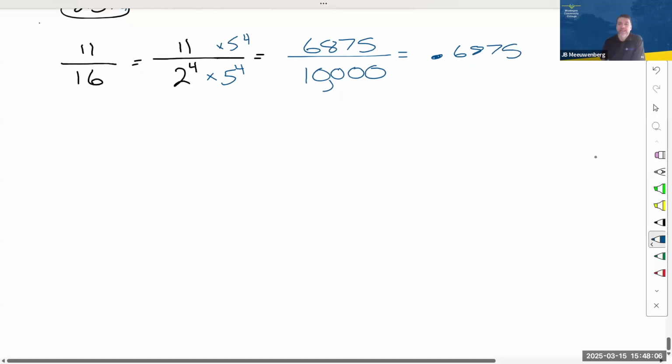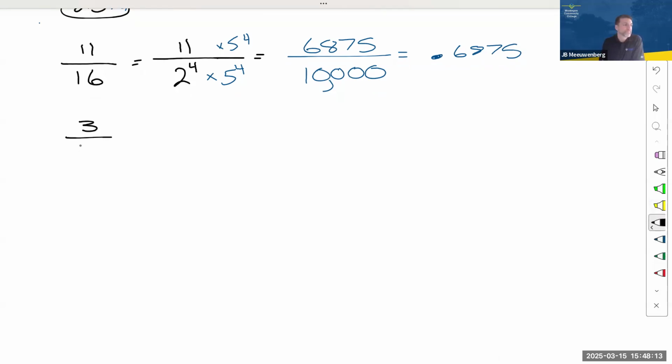So again, that's a little bit harder, but it's all about matching up 2s and 5s. Here's one more. Take a moment and see if you can figure this one the same way.